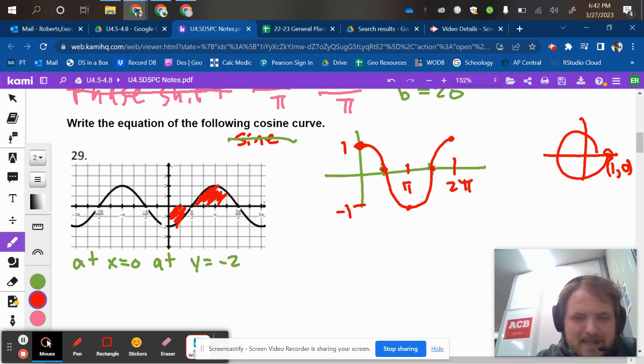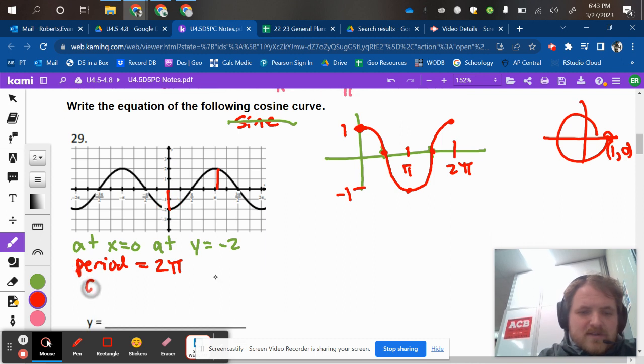And it looks like that ends at 2 pi. So it looks like the period is equal to 2 pi. And then it doesn't look like I was shifting up and down because it's 2 above and 2 below, and hopefully that's yelling out to you that the amplitude is 2.